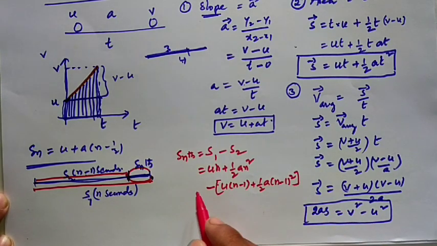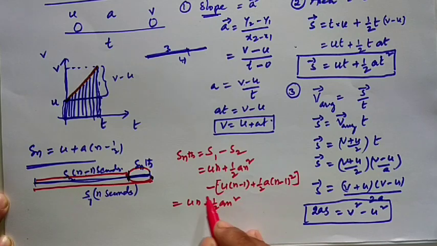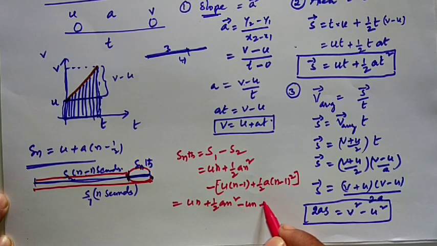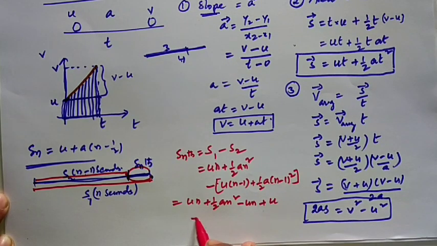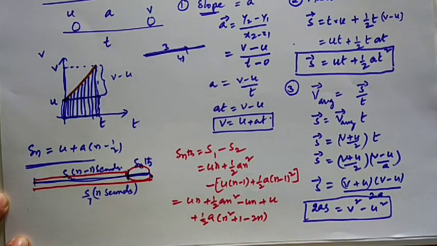Clear? So let me write this as un plus half a n square minus u n minus 1 plus half a into a square plus b square minus 2ab.